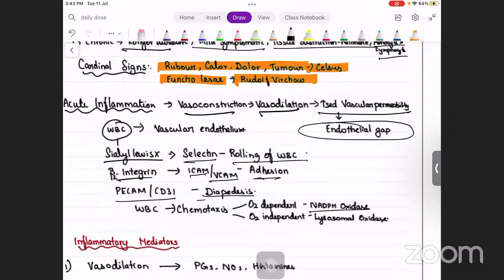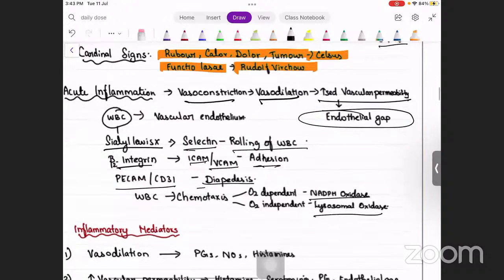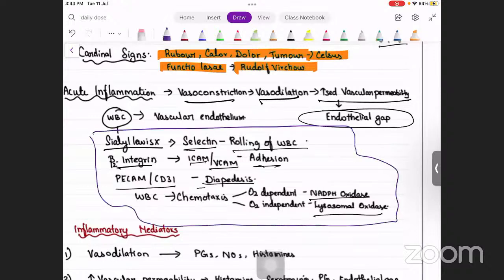O2 dependent is mediated by NADPH oxidase, while O2 independent is mediated by lysosomal enzymes. Very important MCQ. This table of Sialyl-Lewis, selectin, and integrin, if they want to test you on inflammation, this is their choice of question. So this table is a 5-star rated table.